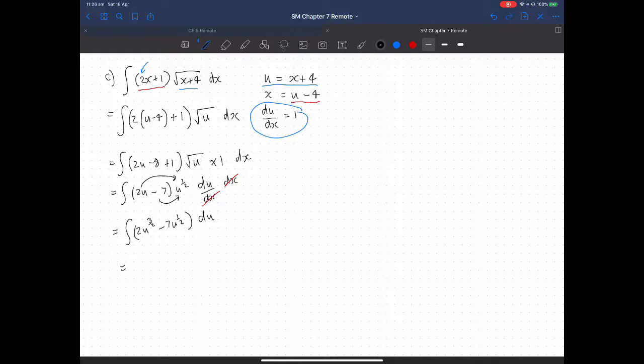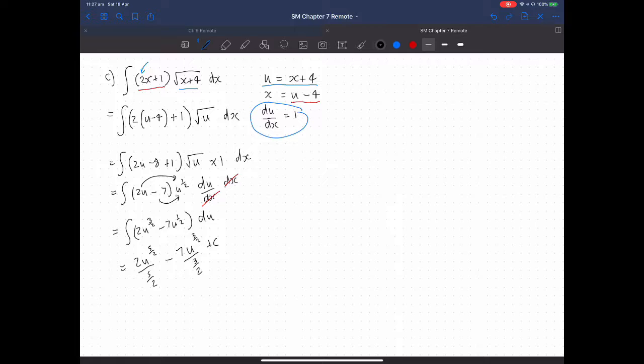Now we have everything in this problem in terms of u, so now we will antidifferentiate each term separately. So we have 2u, add 1 to 3/2, you get 5/2, and divide by 5/2. Minus 7u to the half plus 1 becomes 3/2, and divide by 3/2, plus c.